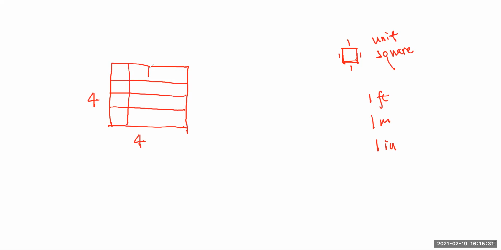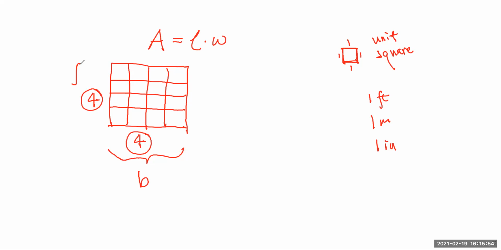So that's why we use length times width. First of all, we have this formula, length times width, and sometimes we call it base and height. We call this the base and this the height.